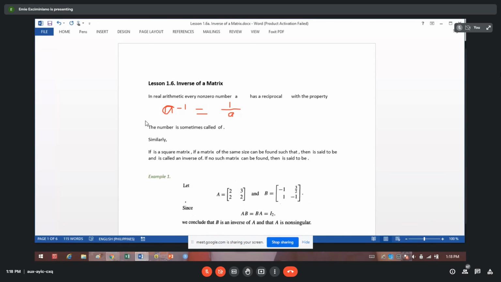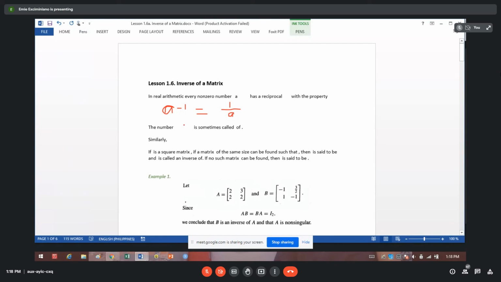The number is sometimes called the multiplicative inverse of A. The number, ito. Sorry ha, kasi hindi ko talaga siya nag-delete. Ewan ko ba kung anong nangyari.